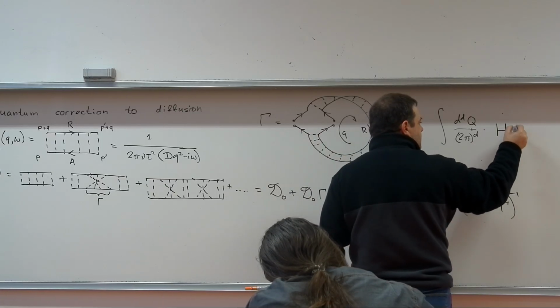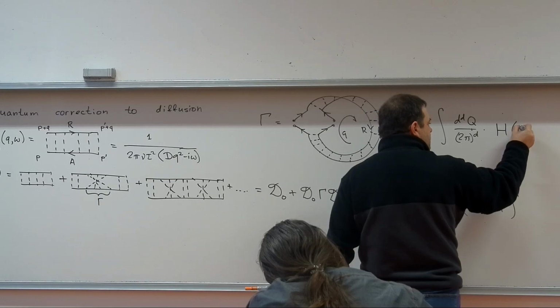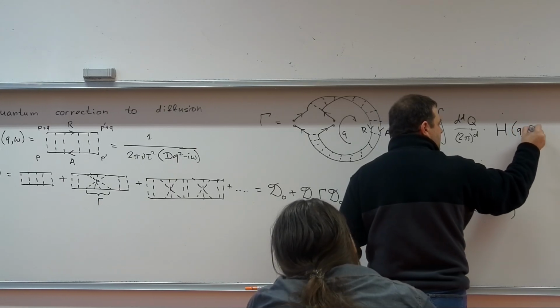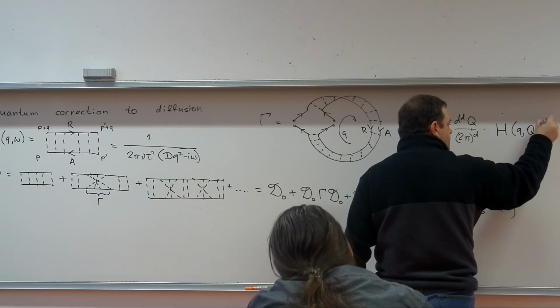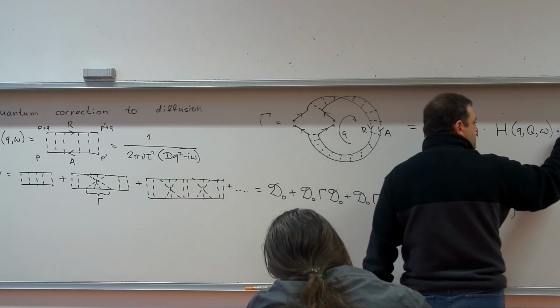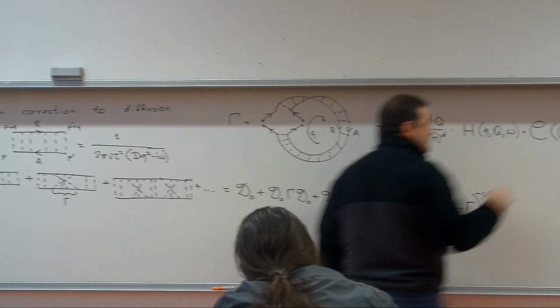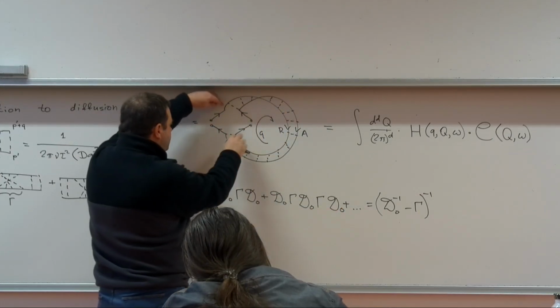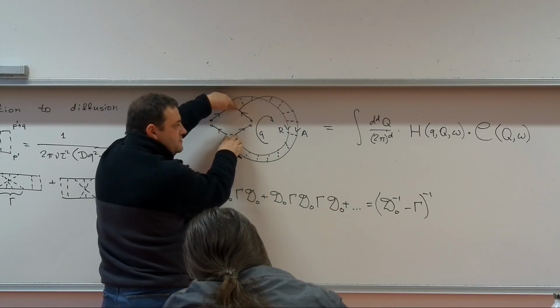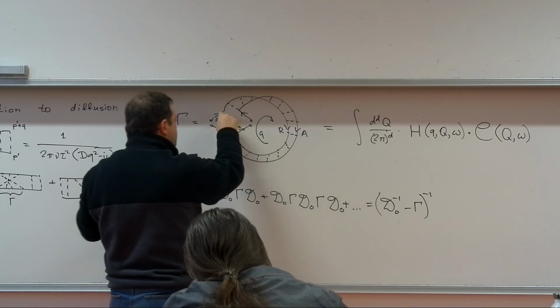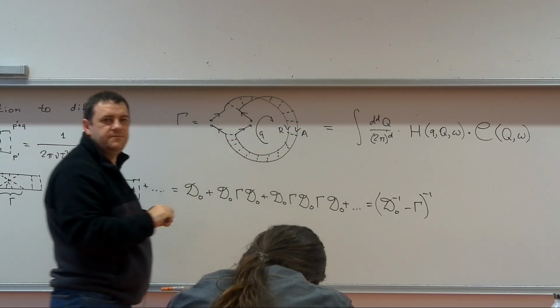One object is called H, and it depends on small q, capital Q, and omega. And the second object is the couperon, which depends on capital Q and omega, and that's it. So couperon is the ladder. It's what starts here and ends here. And H is these 4 green functions inside.